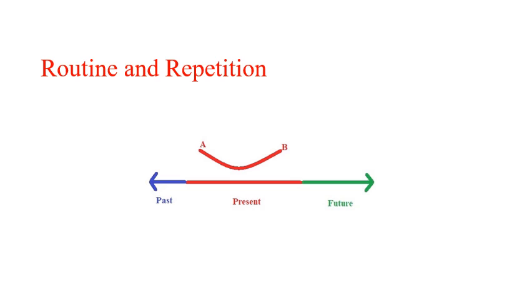The first kind of present is a present in which the action moves from point A to point B and it repeats itself, just like the movement of a pendulum.